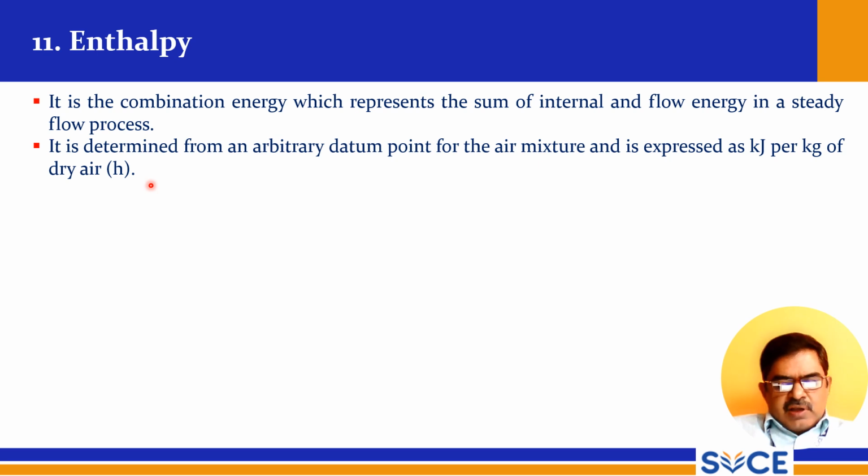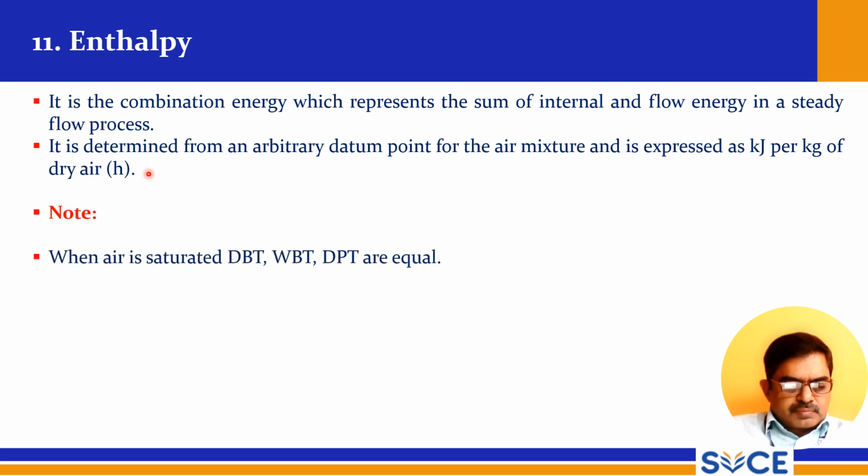In notation, it is denoted by the letter h, small h. When air is saturated, dBT, WBT and dPT are equal. That is dry bulb temperature, wet bulb temperature and dew point temperature are equal. We are going to see what these are in the coming slides. It is included in this unit.